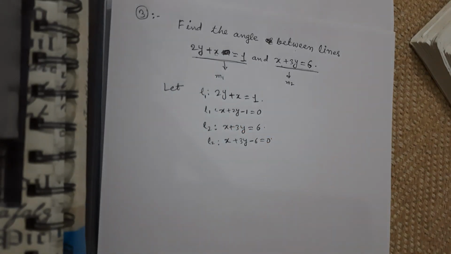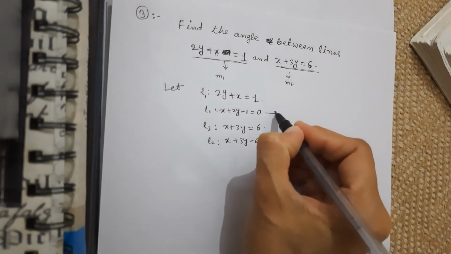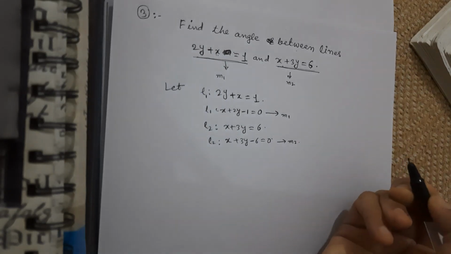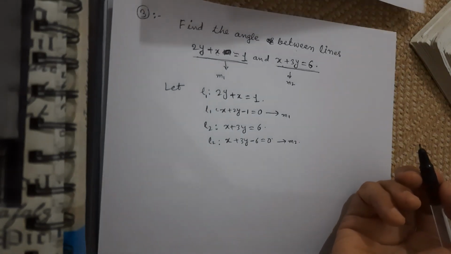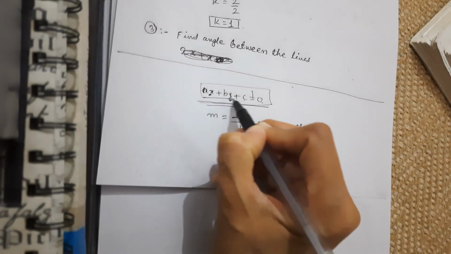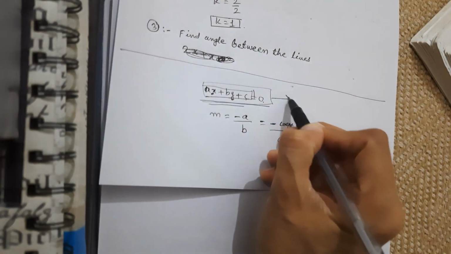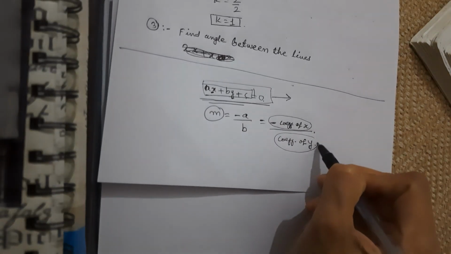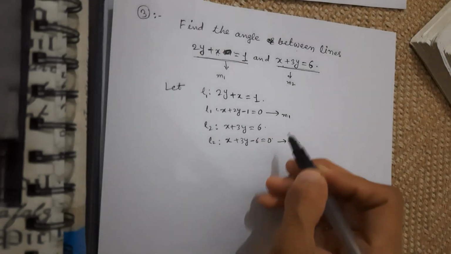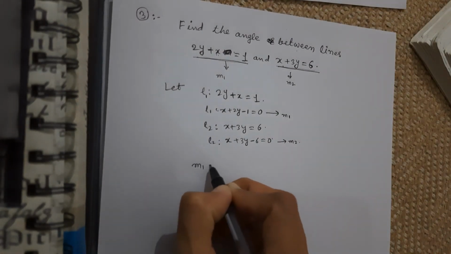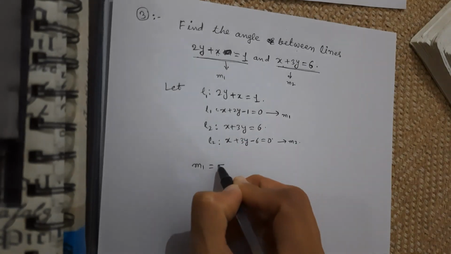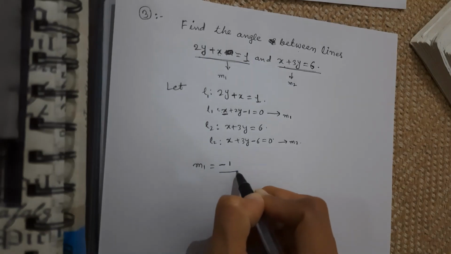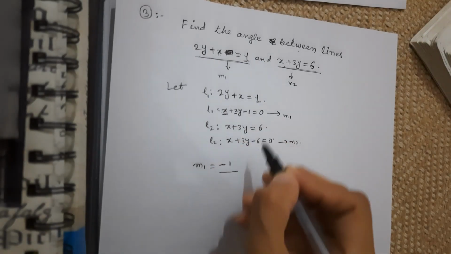Alright. Now from this information I need to calculate the slopes m1 and m2. If we know the general equation of a line, then slope is nothing but minus the coefficient of x upon the coefficient of y. So slope m1 is equal to minus, what is the coefficient of x here? 1, divided by the coefficient of y, which is 2.